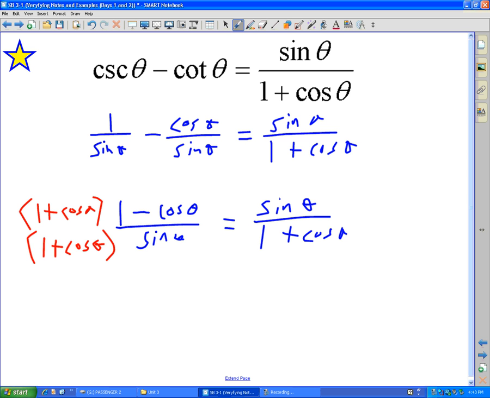Is 1 minus cosine squared a substitutable expression? And it is, because we know that sine squared plus cosine squared equals 1. And so if I subtracted cosine squared to the other side, I would get sine squared is equal to 1 subtract cosine squared.